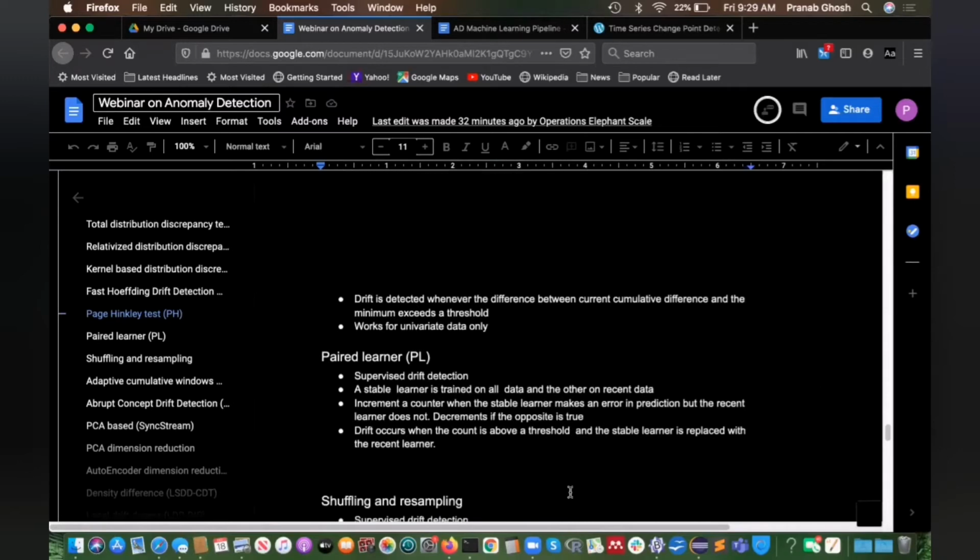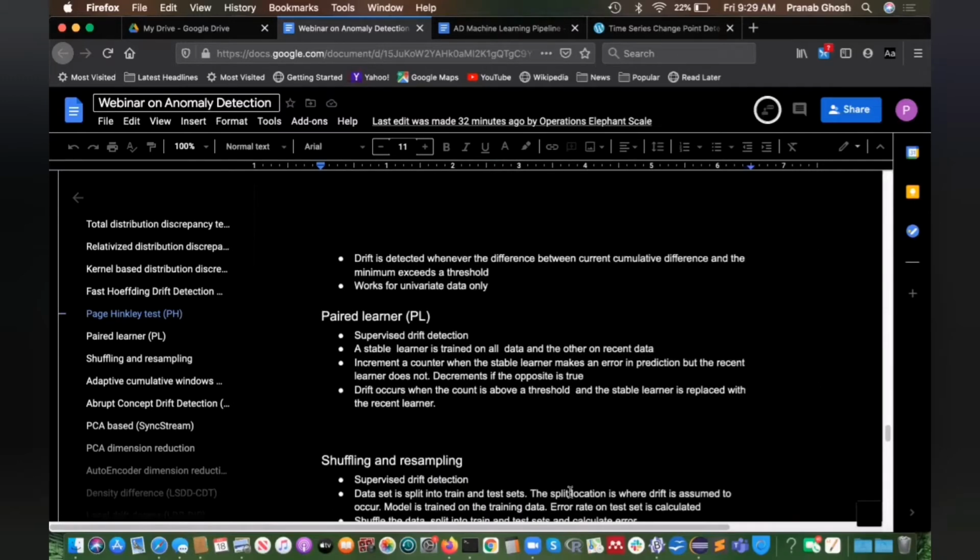Paired learner. So this is for unsupervised drift detection. The way this works is that you already have a machine learning model based on historical data.